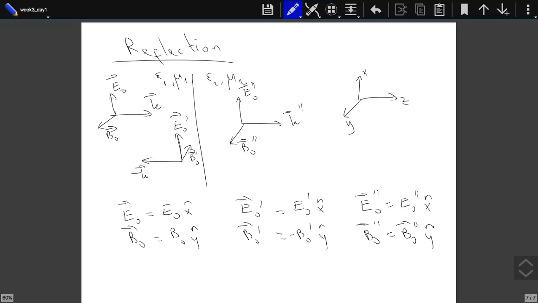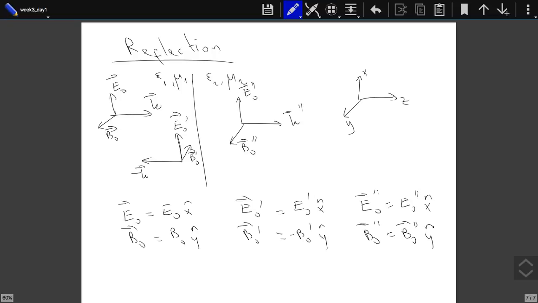I don't really know whether E0 prime is positive or not. After reflection, maybe E0 points in the opposite direction. I don't really know. So this number E0 prime might be negative. But E0 prime and B0 prime, they are either both negative or both positive, because E cross B should give me the direction of the k vector, which is pointing in the minus z direction in that case.